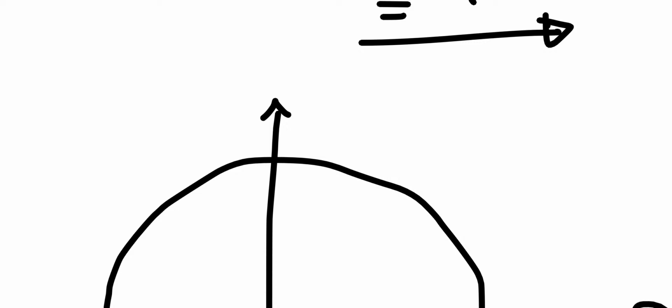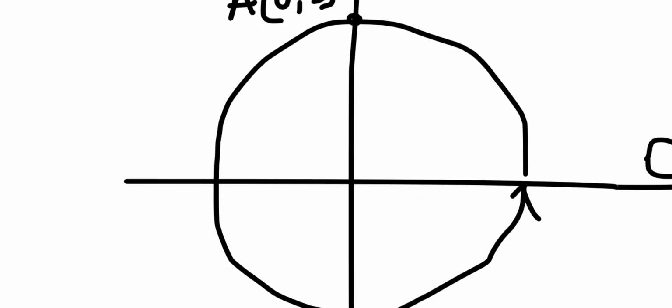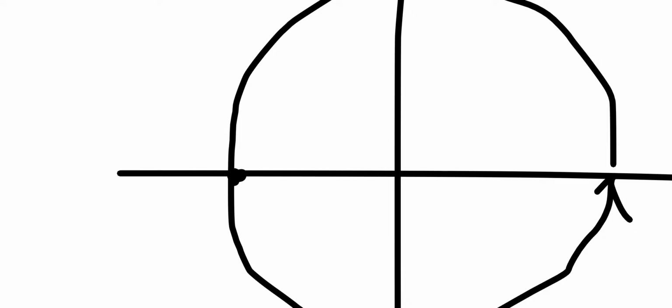Here where your angle is 90 degrees, the coordinates of that point are going to be 0 and 2. And then at that point, where the angle is 180 degrees, that's where we have that point.